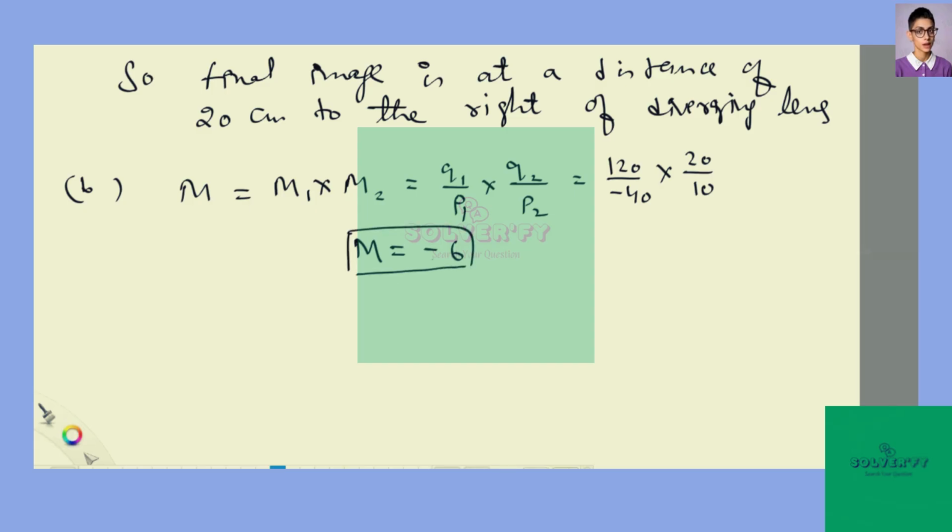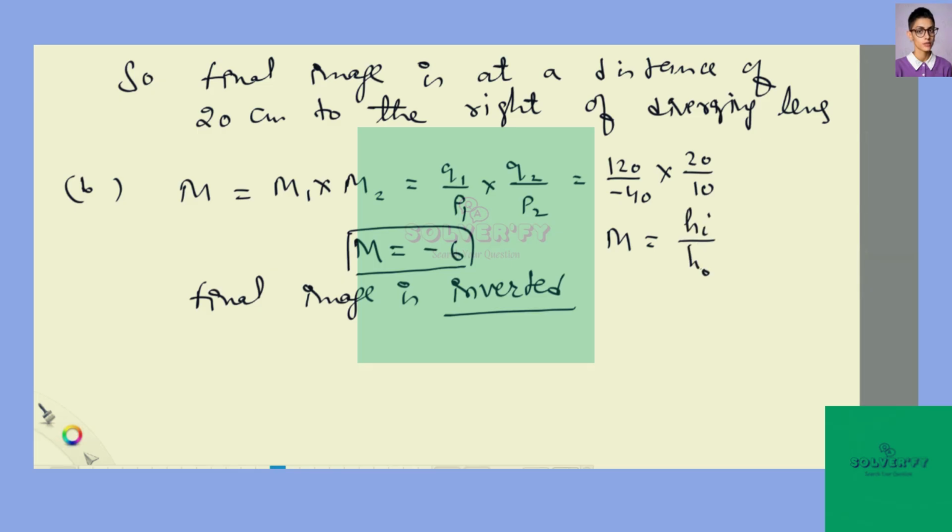And here the negative sign shows that the final image is inverted. Moreover, if you want to find the size of the image, we know the linear magnification is the ratio of the height of the image to the height of the object, which is minus 6.